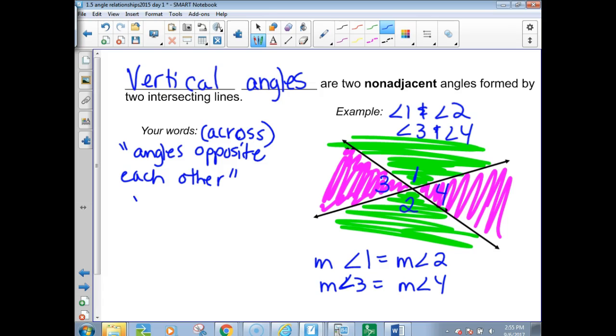There's another cute way to make yourself a big X like this. See the V in the word vertical there? Vertical angles. It's kind of a cute way to write it.